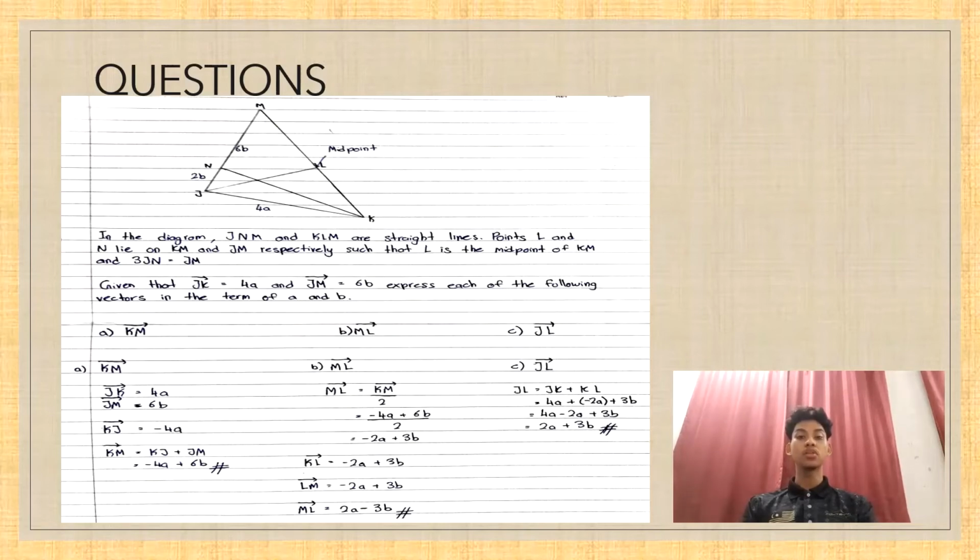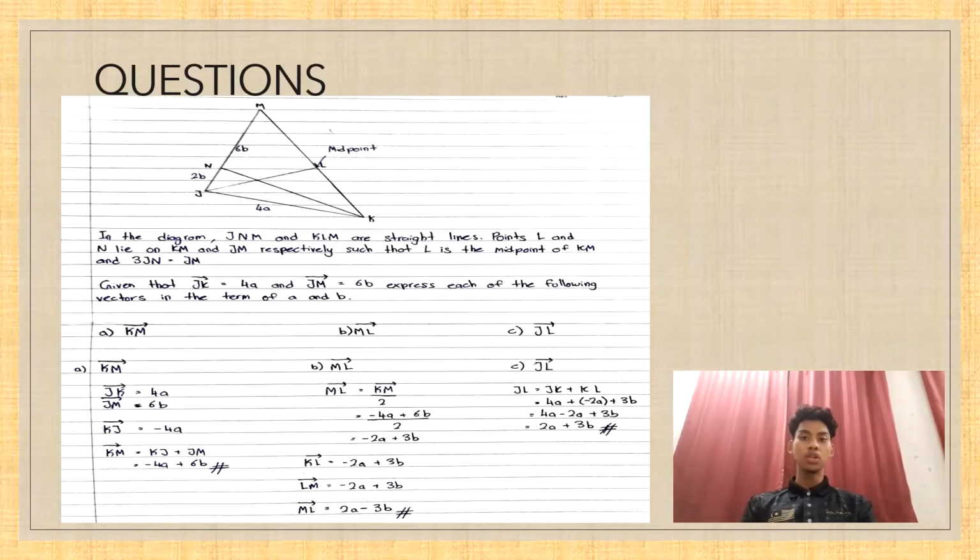Okay, for the second question is M to L. Based on the first question, we already get the KM is negative 4a plus 6b. So, the step to solve this question is KM divided by 2. Why divided by 2?